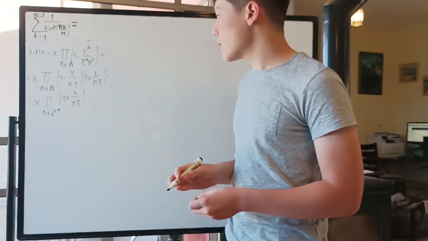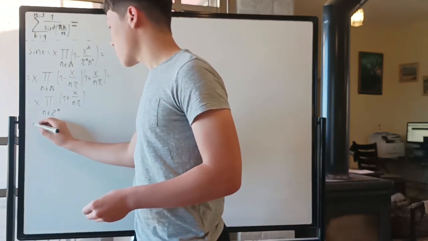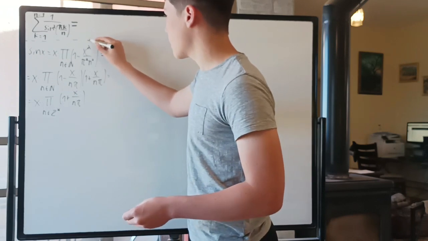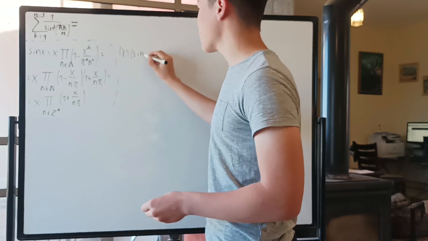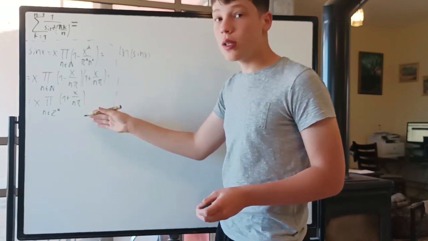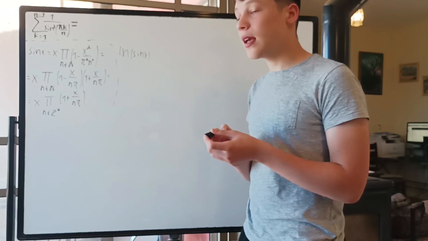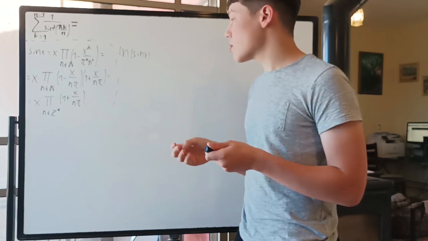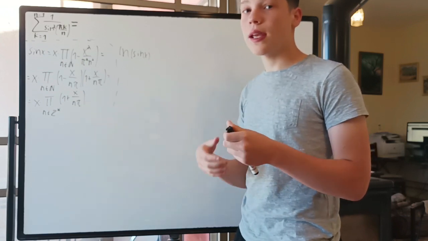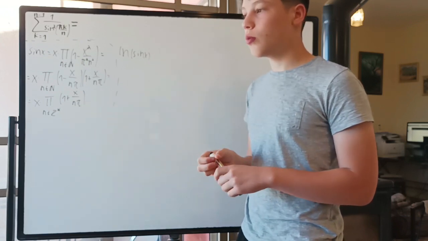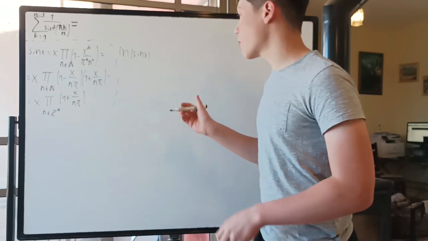Now what I want to do is take the natural log of both sides. So I have natural log of sine x, because I want to somehow deal with an infinite product, and the only way for us to do that here, to get somewhere, will be taking the natural log to turn us into an infinite sum, which we have much more tools to deal with rather than infinite products.